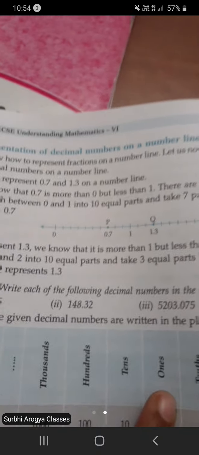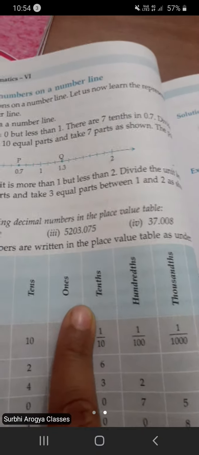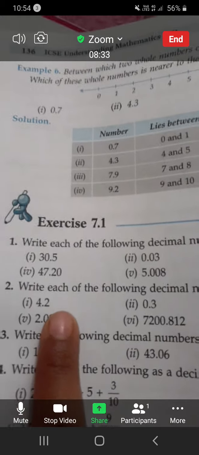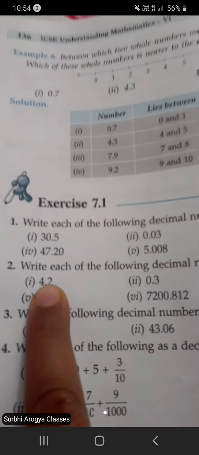And in between the ones and the numbers which are divided from ones, we put a decimal sign here. We put a point over here. That point is called the decimal point. You already know, and you will see in the examples. Children, you can see here in the questions, there is a point here.